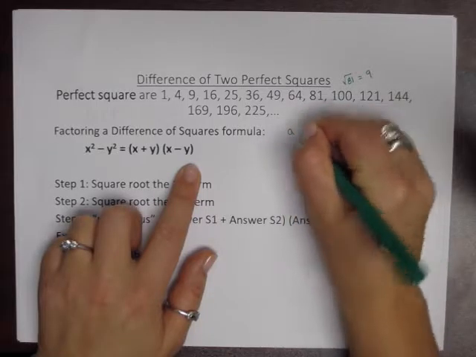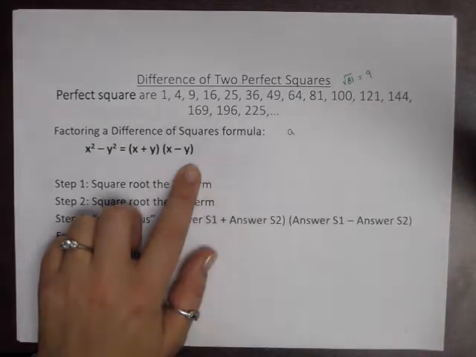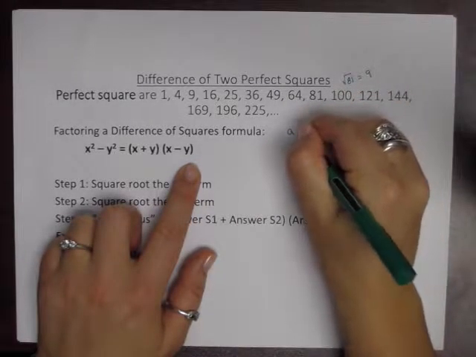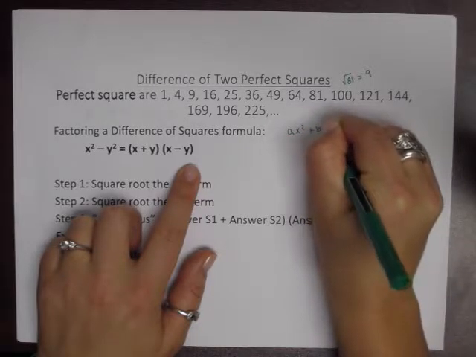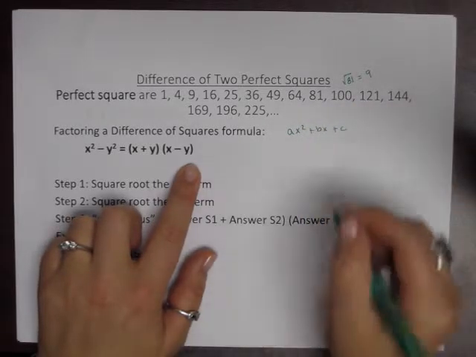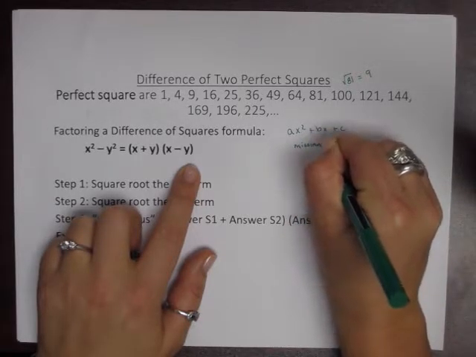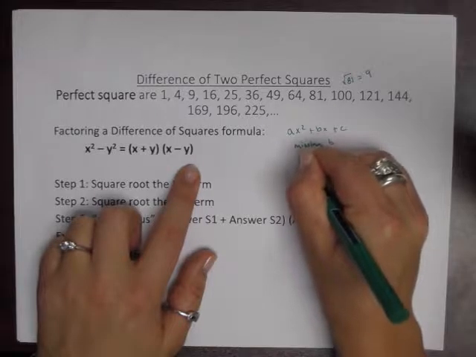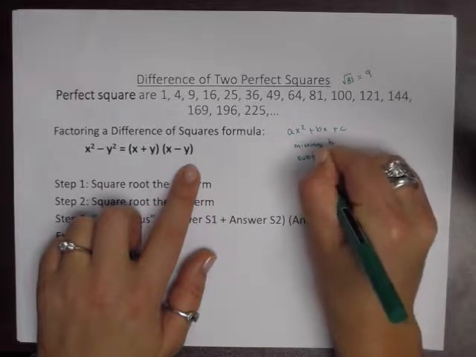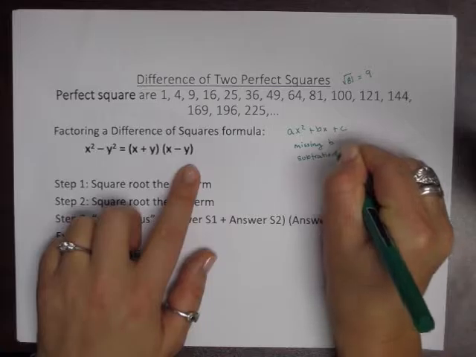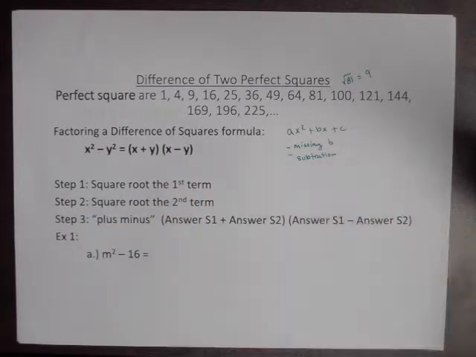Whenever I have a difference of two perfect squares, comparing to ax squared plus bx plus c, the first thing I notice is I'm missing my b, and that it's going to be a subtraction problem. If it hits those two things, and they're perfect squares, then I can apply my difference of perfect squares formula.